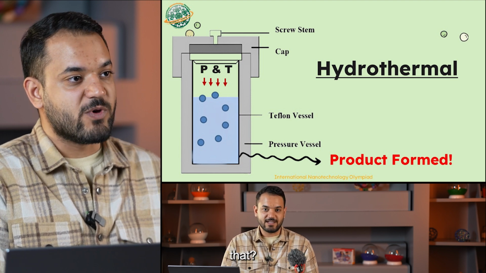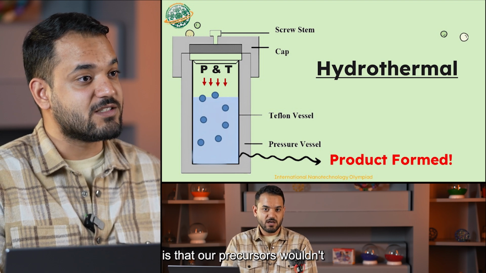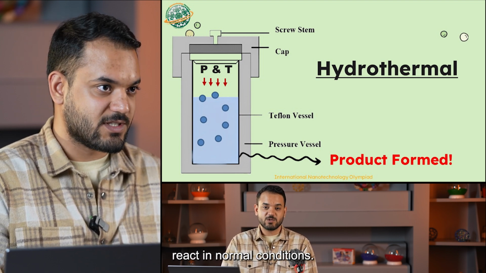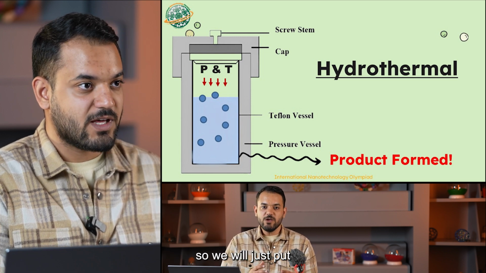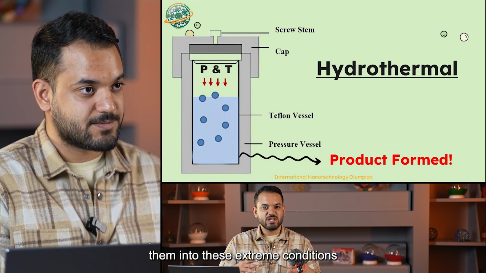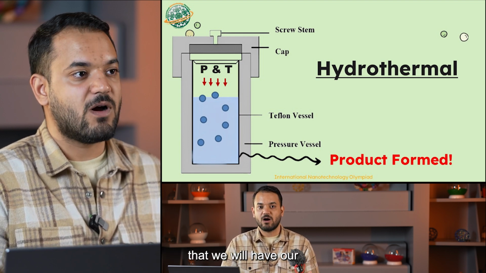And why would we do that? The philosophy behind this method is that our precursors wouldn't react in normal conditions to give our desired product. So we put them into these extreme conditions of temperature and pressure so that we will have our product.